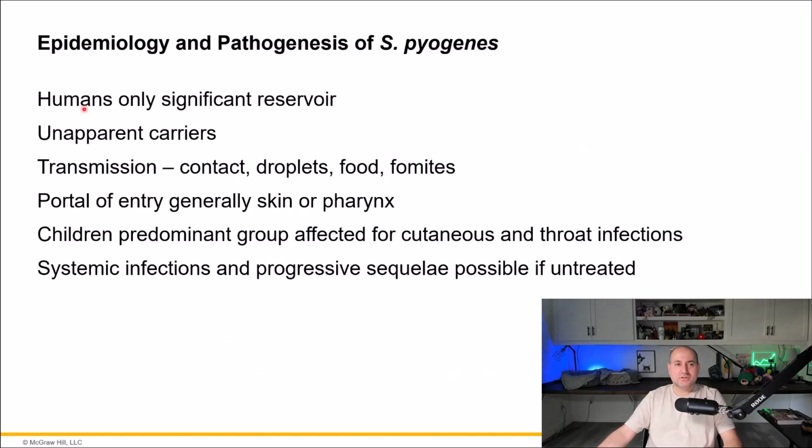And humans are the only significant reservoir. That means that you can find this species on humans, and that's where it normally resides, in a human throat. Transmission involves contact, let's say kissing, droplets, let's say you're spraying it instead of saying it, sharing food, touching things after you've touched your mouth, etc.